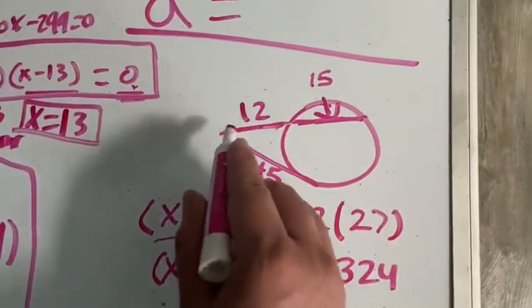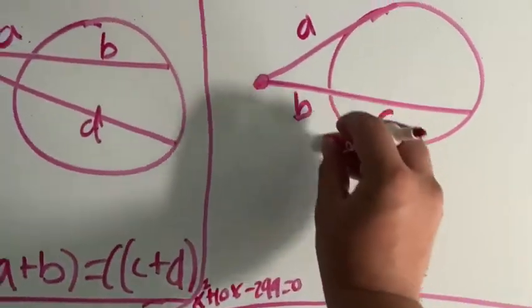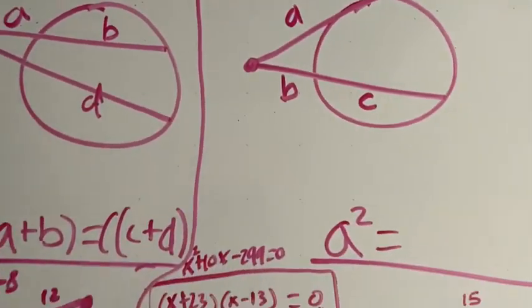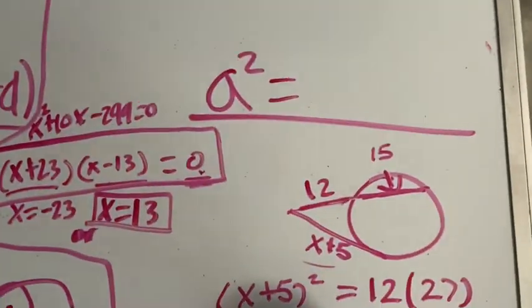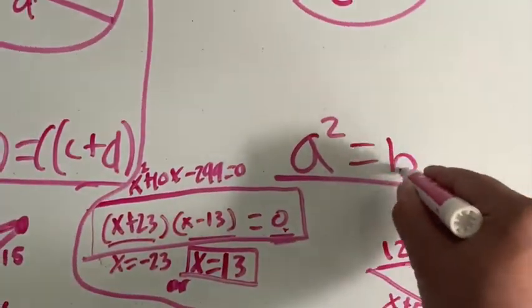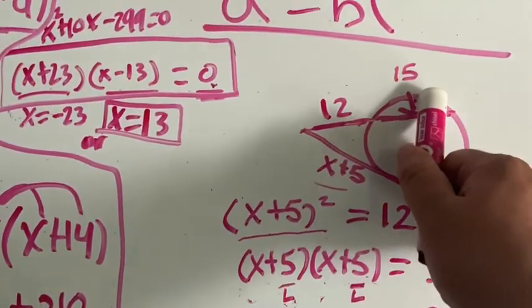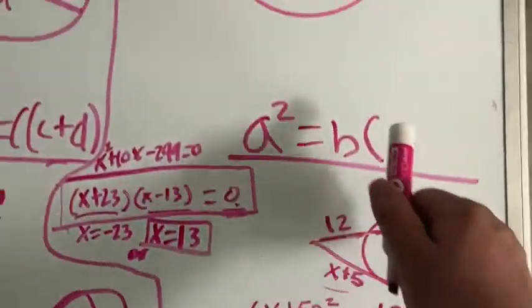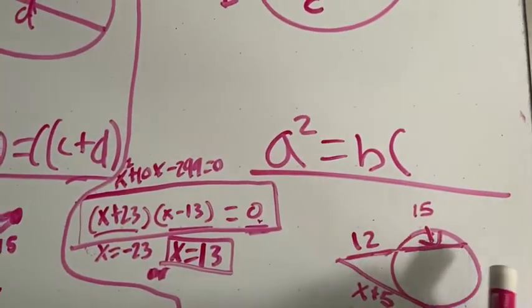Well, 12 is up here, right? So then I'll just write the variable that corresponds to that 12 value, which is B, right? Times, now if I multiplied 15 here, then I would just put C. But no, I multiplied it by the whole secant line.